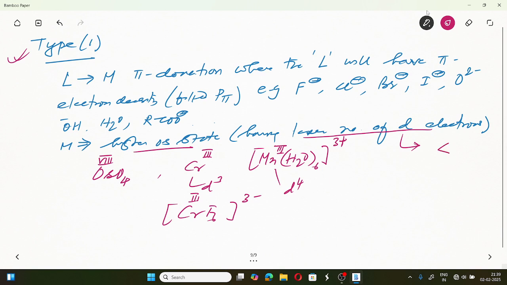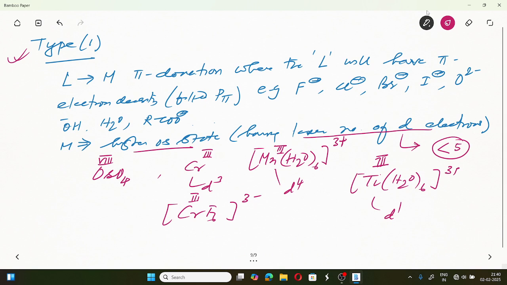It should be lesser than 5, like this, ঠিক আছে। বা তুমি যদি দেখো টাইটেনিয়াম hexa aqua 3 plus, if you remember, this is a D1 system, titanium 3 দেখো, this is a D1 system. So in these cases we will expect that the pi bonding will be of type 1.